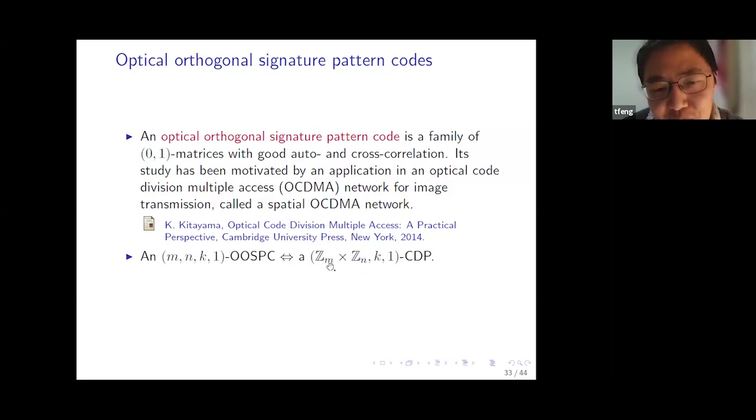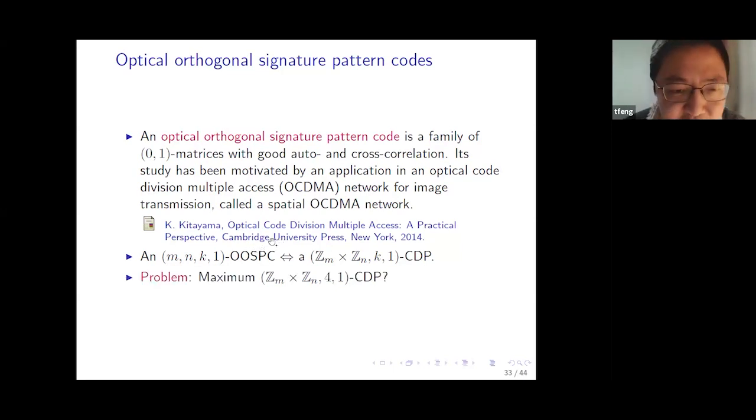So, for example, when the orders M and N are co-prime, the code, OOSPC as we shortly write it, is just an OOC. They are equivalent when M and N are co-prime. But for the general case, the existence of such codes is still unknown. Anyway, this is still an open problem.